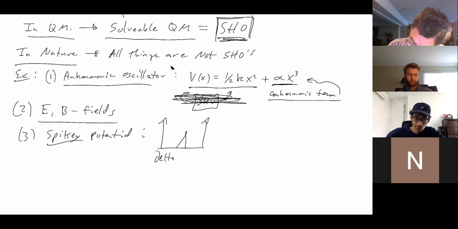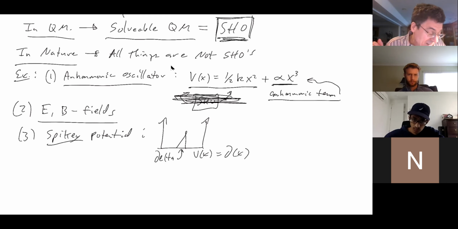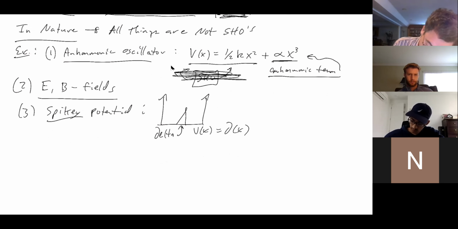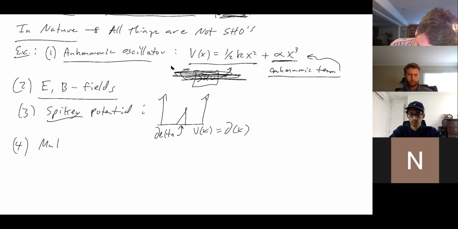A delta function, V of x equals delta of x. That's like a spiky potential. That's not a harmonic potential. And suppose I had free particles. Suppose I have multiple particles with Coulomb interactions.